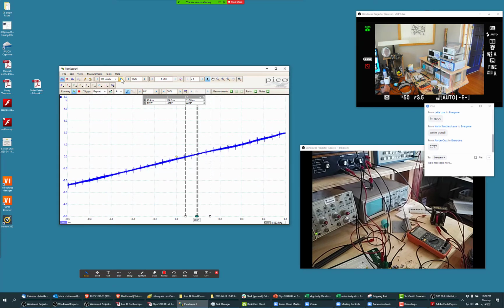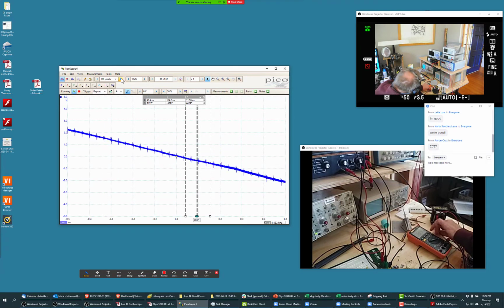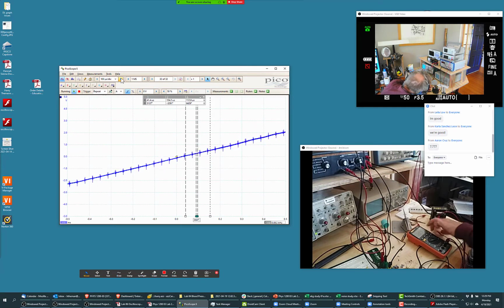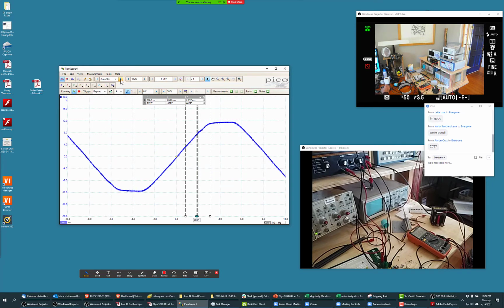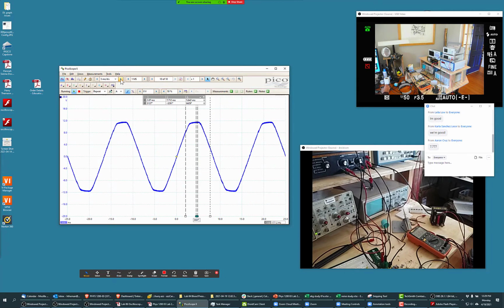That's interesting. Why is it showing me all that noise? Did I plug it into the right channel? I thought so. There it is. So it is still showing us some noise.